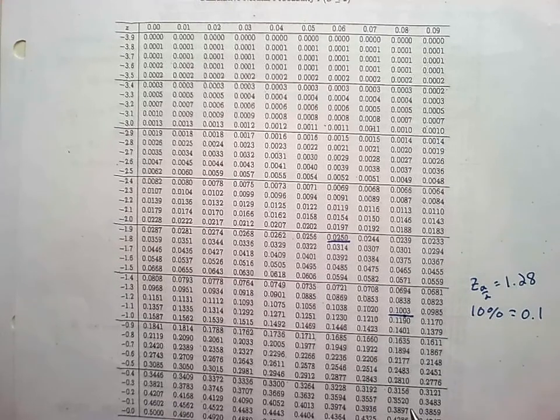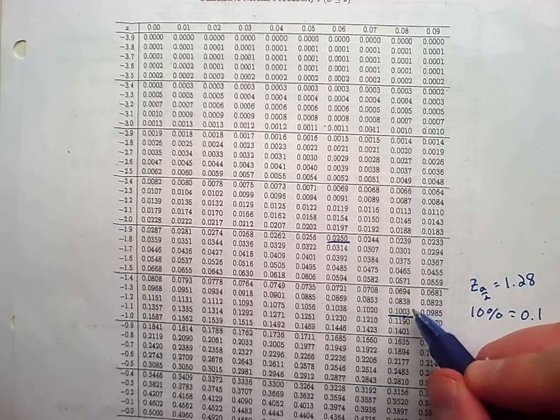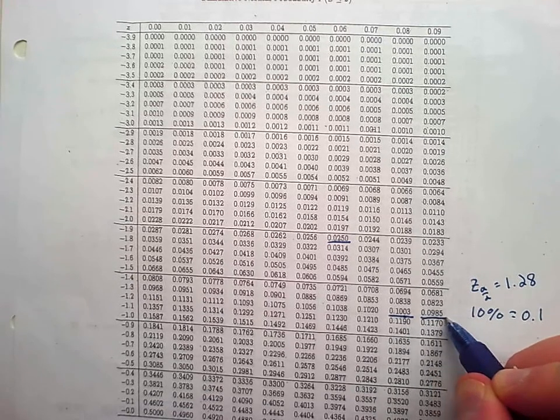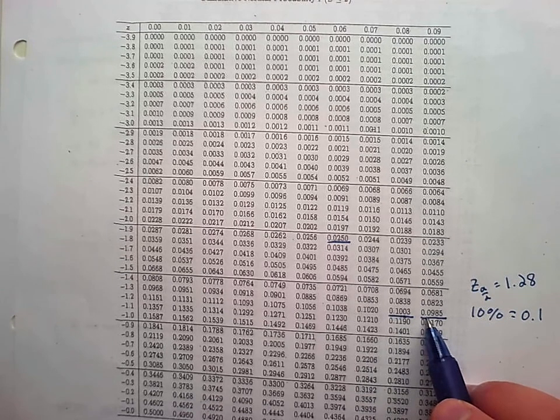To be a little bit more specific about it, you can see that if this is 0.1003, the direction that we want to go is somewhere in between these two values, 0.1003 and 0.0985.